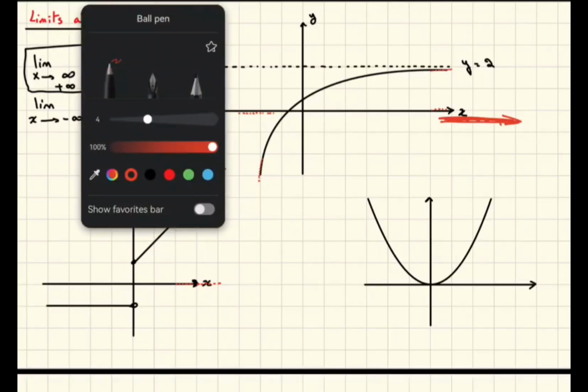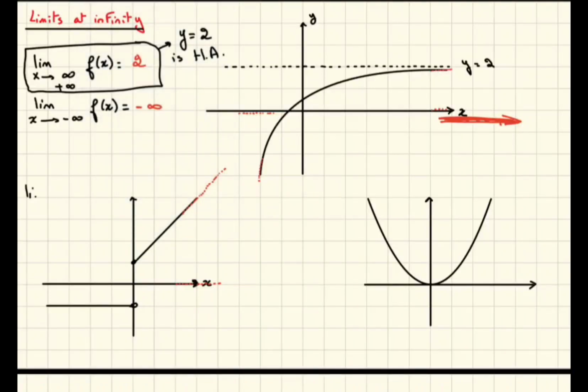So basically, limit as x approaches infinity here in this case, which is positive infinity, of the function is plus infinity. Whenever you do limit as x approaches infinity and you get infinity, it means we don't have a horizontal asymptote. Now, limit as x approaches negative infinity of the function.